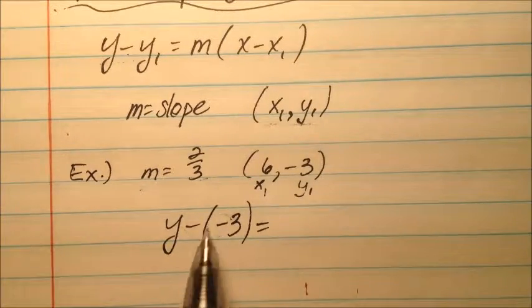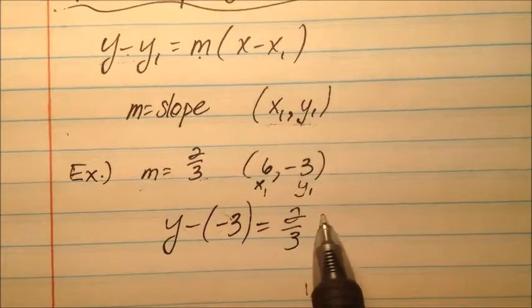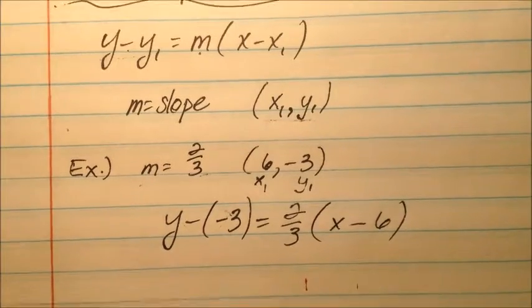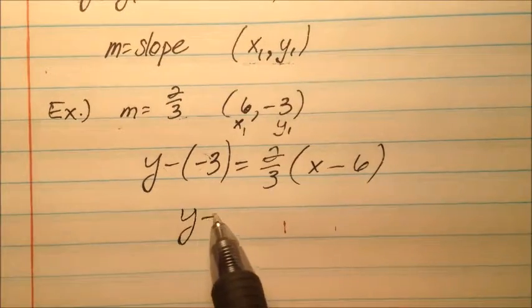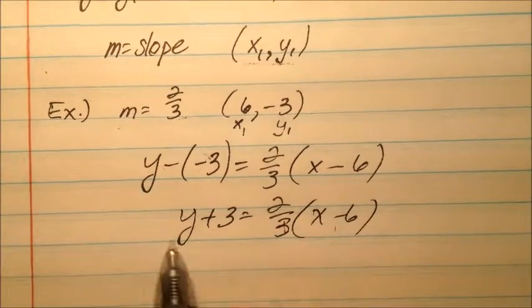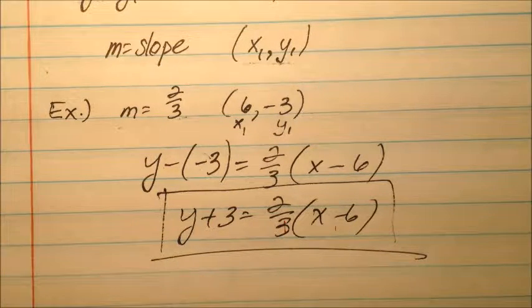Always be careful of these signs. Equals my slope, 2/3, and then x minus x1, which is 6. So I can clean this up a little bit, and I can say y plus 3 equals 2/3 times the quantity x minus 6. So there's what my equation will look like in point-slope form.